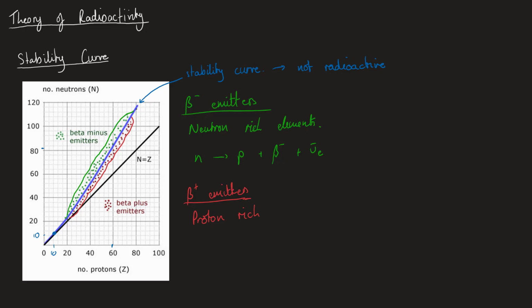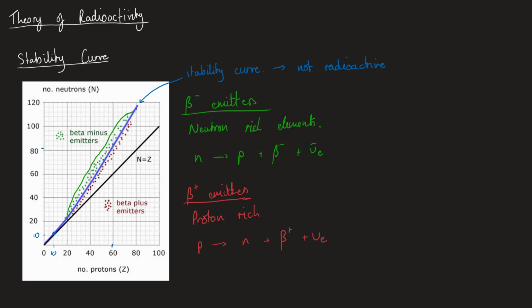What they do, in beta plus mode, is the proton decays into a neutron, releasing a beta plus and an electron neutrino. This means that whenever you have a beta plus decay, the number of protons decreases, the number of neutrons increases, and hence you're getting closer to this stability curve.